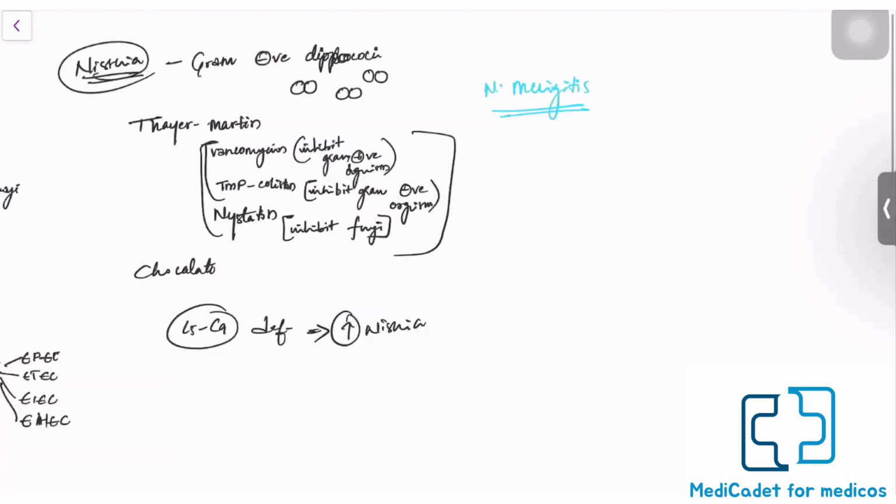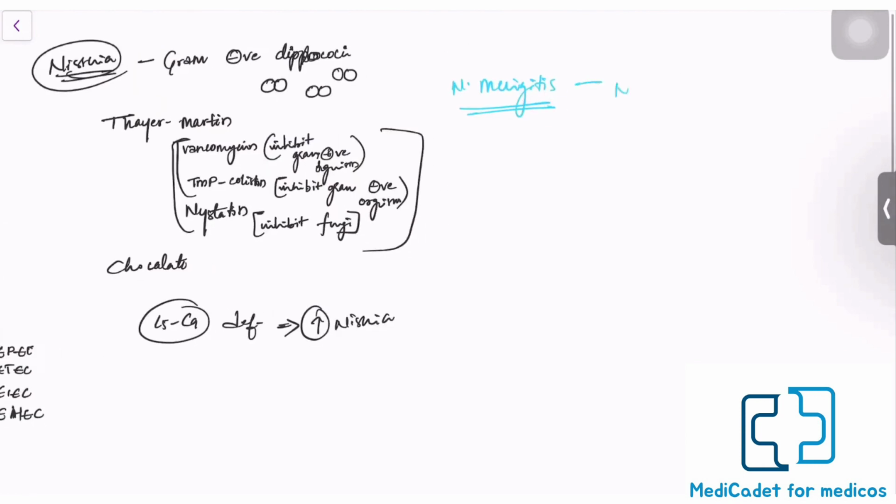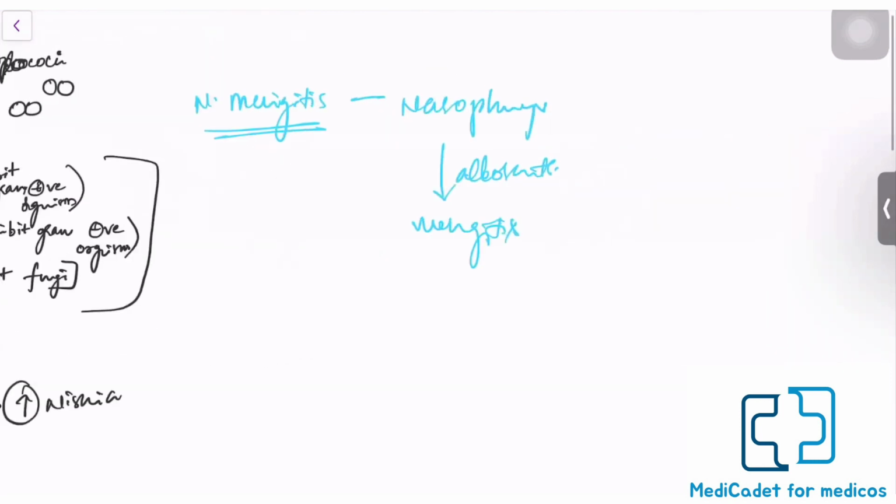Where does it stay? In the nasopharynx. Generally in adolescents, not even adults, it can enter the brain, causing meningitis. It has a very specific presentation of meningitis, which can be easily differentiated from other meningitis. How is it transmitted?